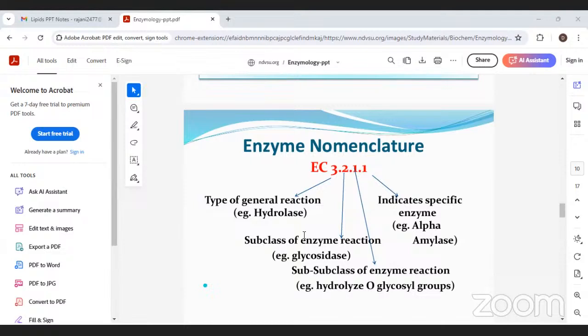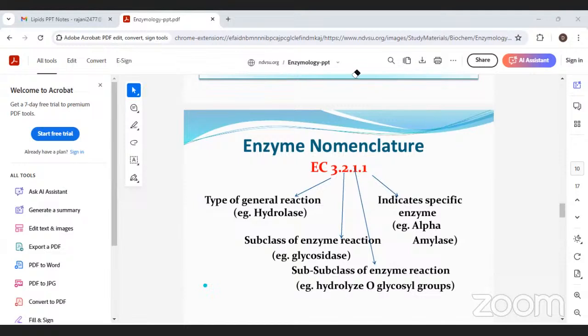The major features of the IUB systematic classification of enzymes are as follows: the reaction and the enzyme that catalyzes it. They are divided into 6 classes.